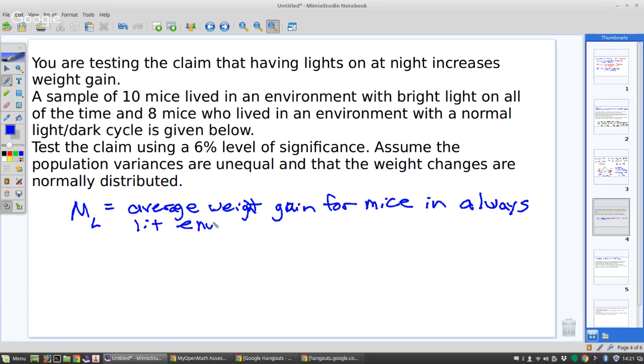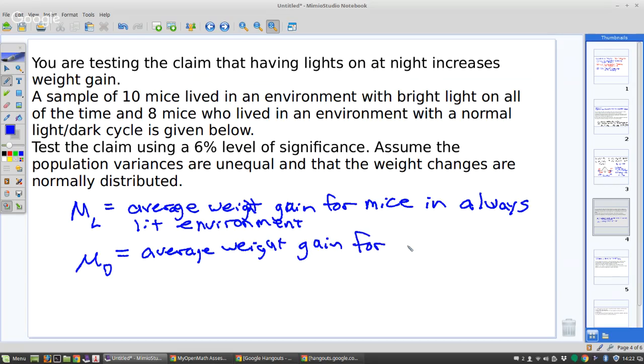Spell that. And then let's say we have mu dark mice, and that would be their average weight gain. Again, this would be for the mice in your normal light-dark cycle.